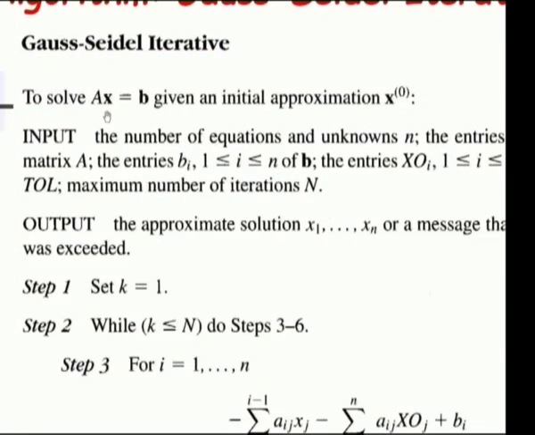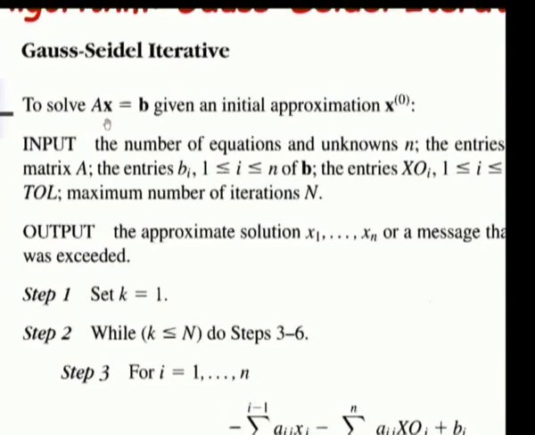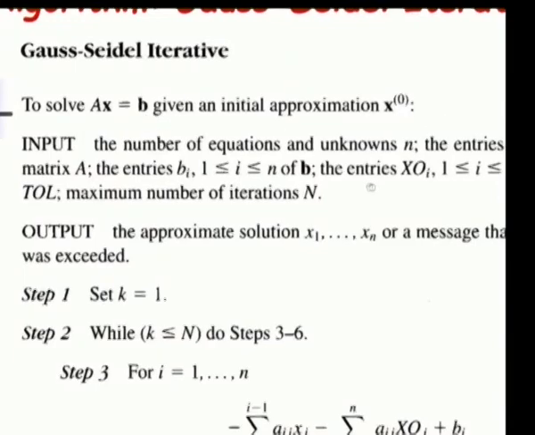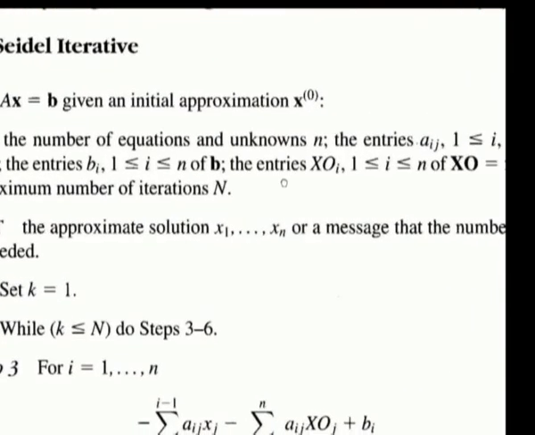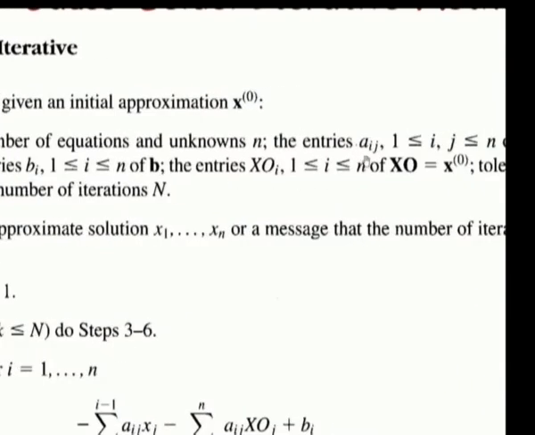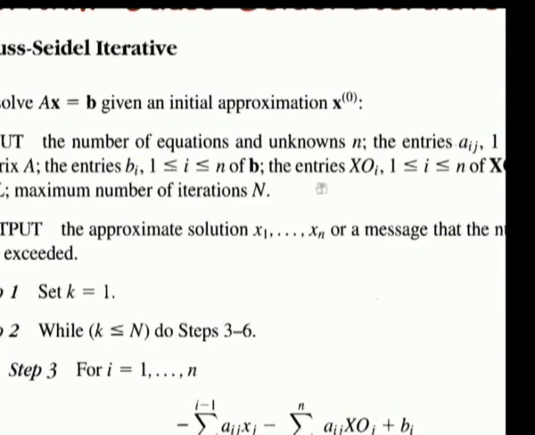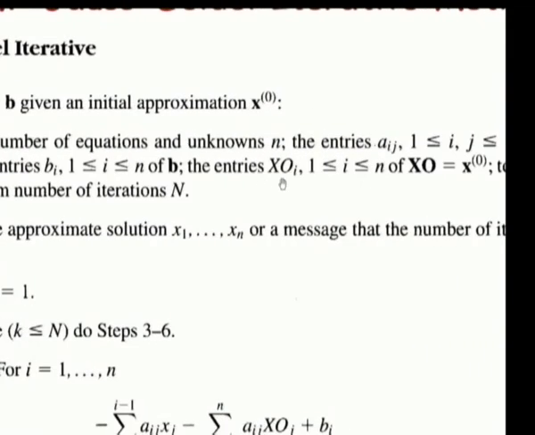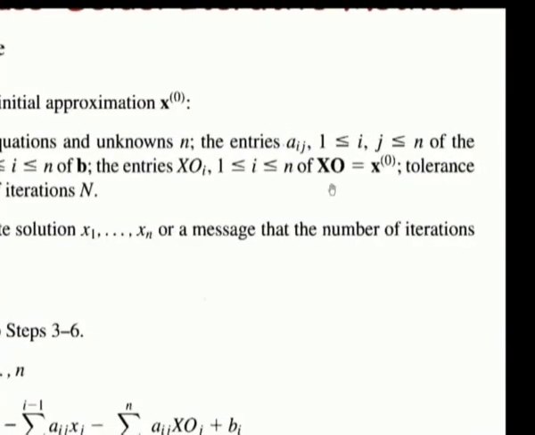Once again, the pseudocode for that: you need the A matrix, the right hand side B and the initial guess, and the number of equations is n, the number of unknowns n, the matrix entries Aij and right hand side Bi, and of course xo, the old iterate value of the ith variable, where xo stands for the initial one.